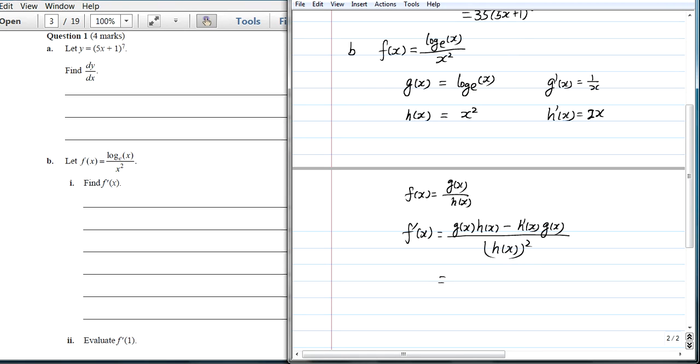Since we found everything, we just substitute into this expression.